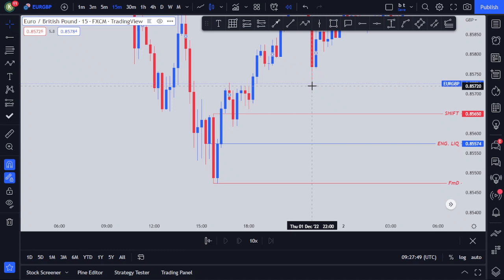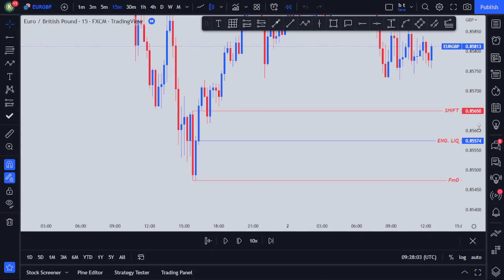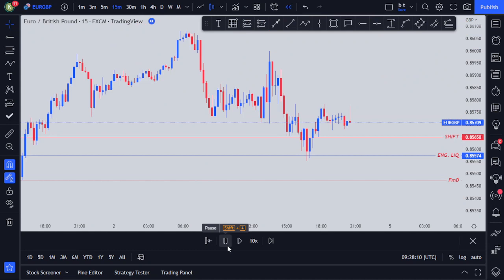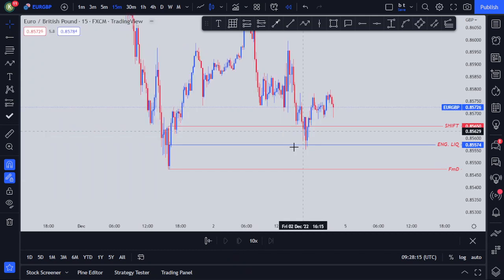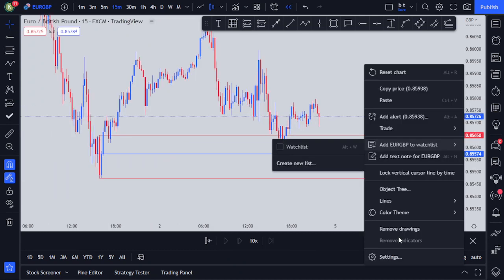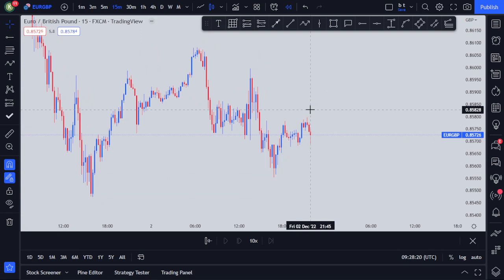And you can see what happened over here. You can see what happened over here. And this is where we closed. Yeah, it got respected. Let me go to USD JPY.